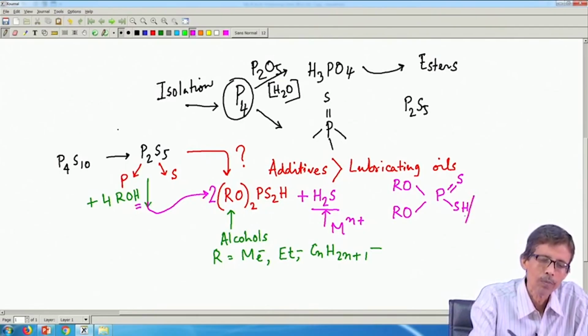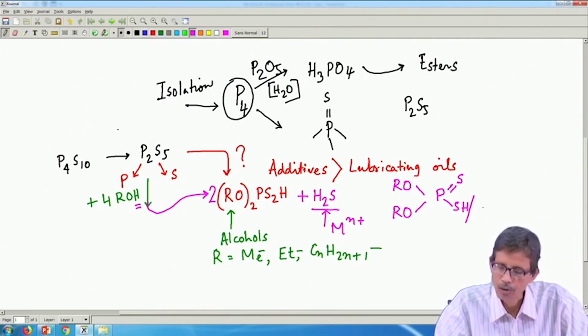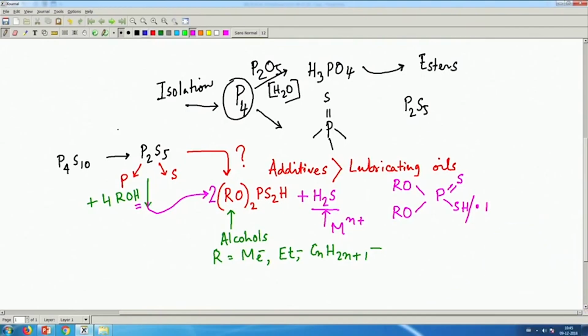So, definitely we will get the corresponding sodium or ammonium salts, or sometimes potassium salts, at this SH. If you use a medium which is alkaline, with sodium hydroxide or potassium hydroxide, you will also get the potassium salt or the sodium salt.